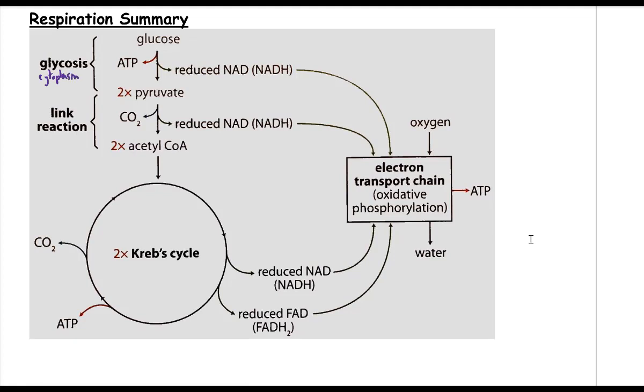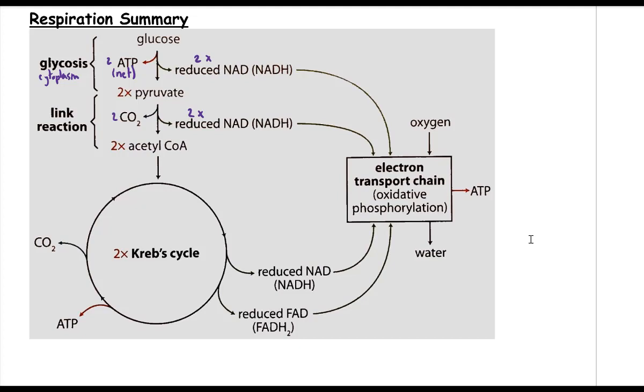We get reduced NAD, 2 of them to be precise, and we also get 2 ATP produced, and we're going to put net in brackets. We end up with 2 pyruvate molecules, and from these 2 pyruvate molecules we get 2 carbon dioxide molecules released, 1 from each, and we also get 2 reduced NADs, again 1 from each pyruvate molecule.